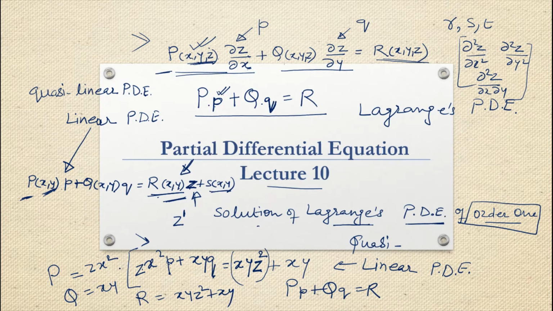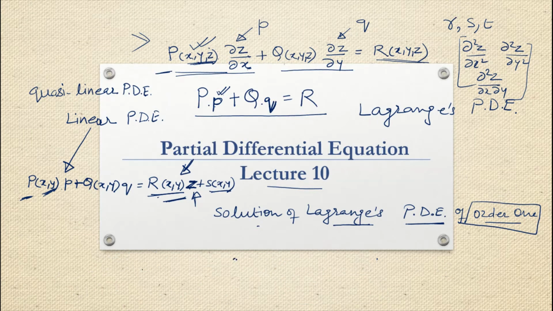First, we should know how to understand, when a question comes in your paper, whether I should use Lagrange's form of partial differential equation method. First we need to understand thoroughly which form is Lagrange's partial differential equation.